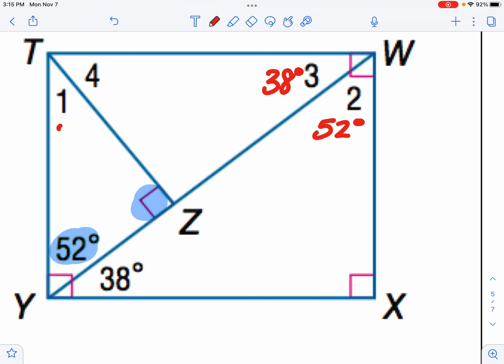I'm sorry, not 28 degrees, 38 degrees. Goodness. 38 degrees. And I can't make this conclusion yet that those are complementary until I've noticed that this is a right angle, which means that the adjacent linear pair must also be 90. That's 52.